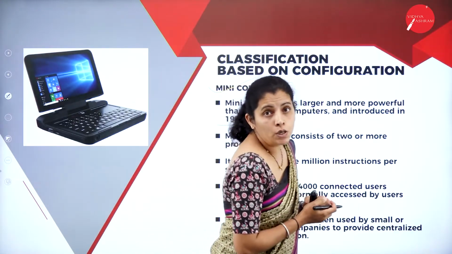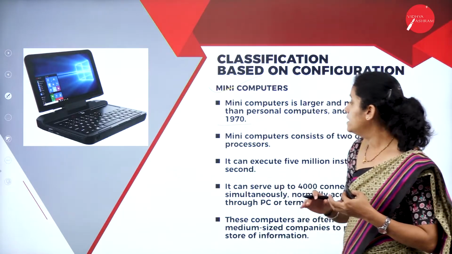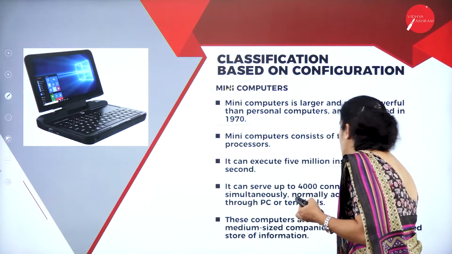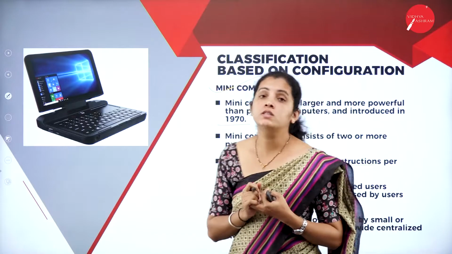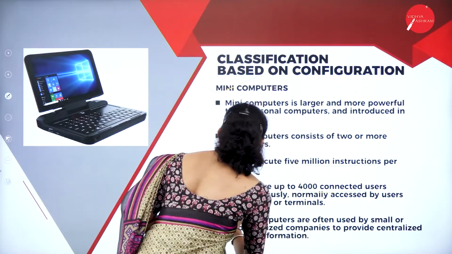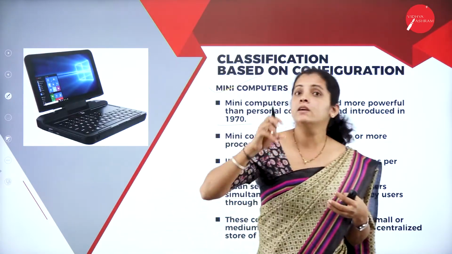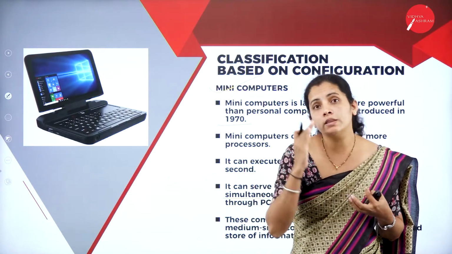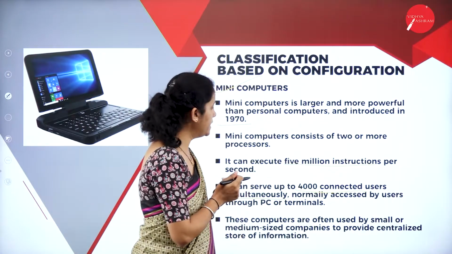They include two or more processors, and they are capable of executing 5 million instructions per second. They can also serve more than 400 connected users simultaneously. That means by using a mini computer, we can serve more than 4,000 connected users simultaneously.